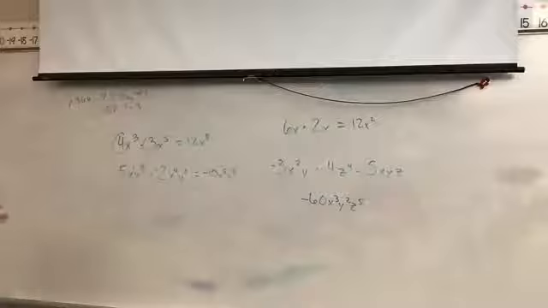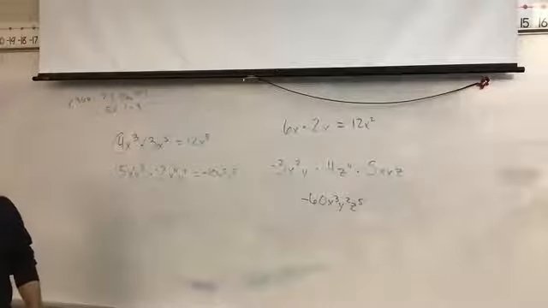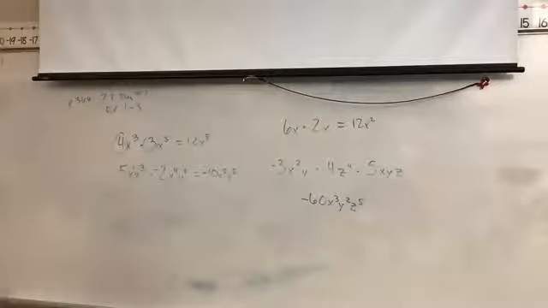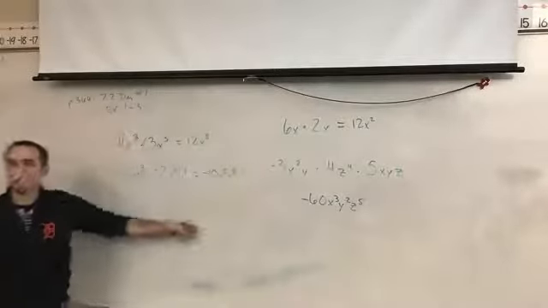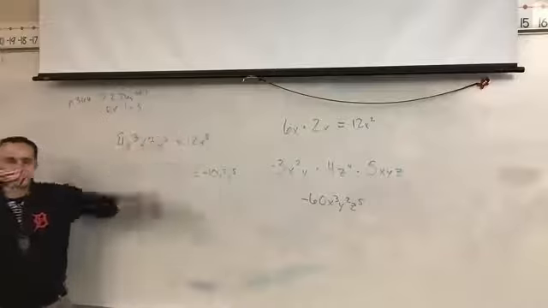So it's alphabetical order for the variable. So you don't do it in exponent order, like you don't do 5, 3. Nope. You go by the variable. Okay. Any questions on any of these before we move on? Okay.